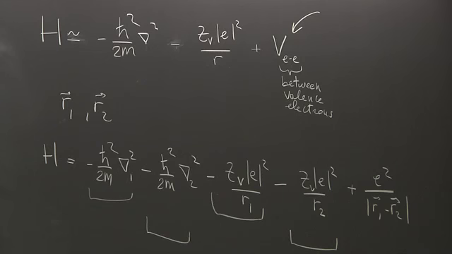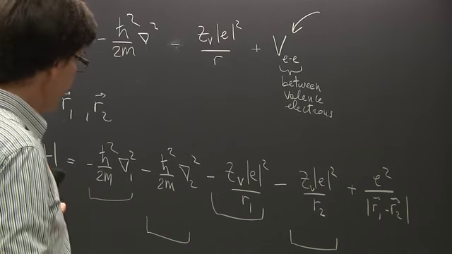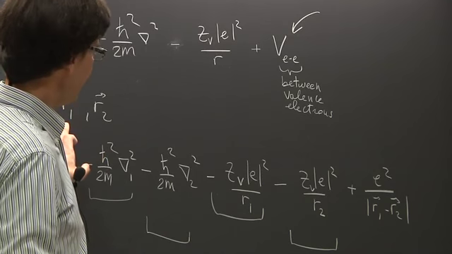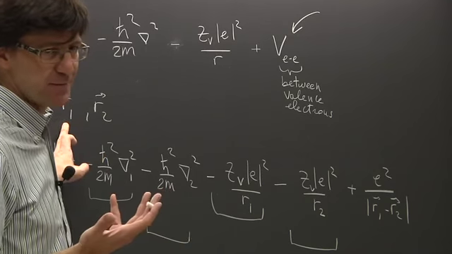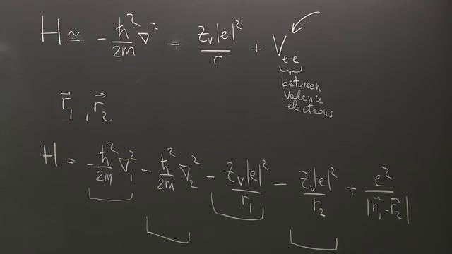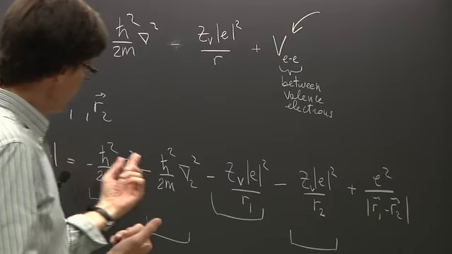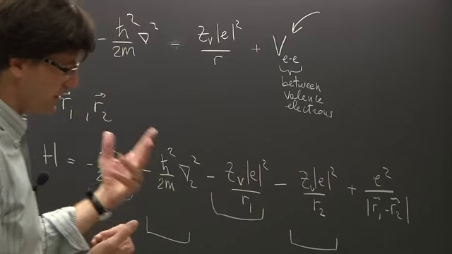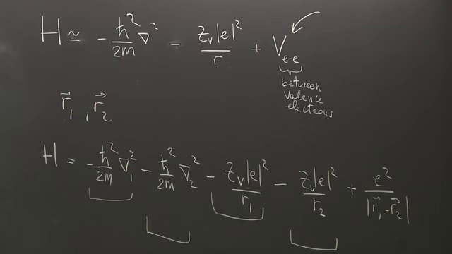Another consequence of this is that this Hamiltonian is now defined in a 6-dimensional space, because I have two particles, 3 degrees of freedom per particle. So this Hamiltonian depends on 6 independent degrees of freedom.